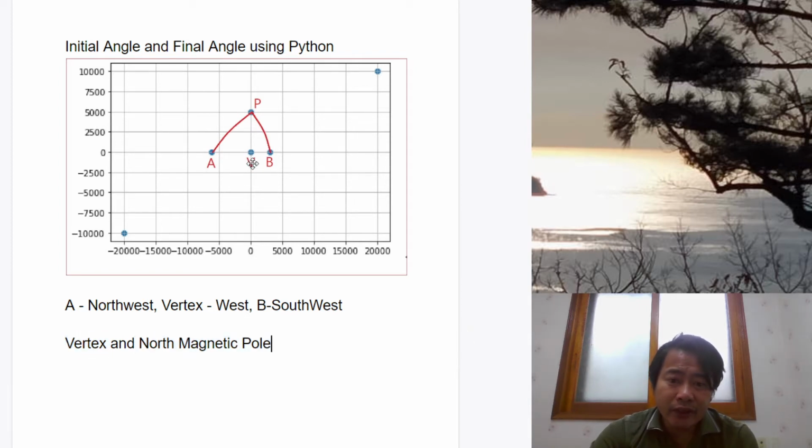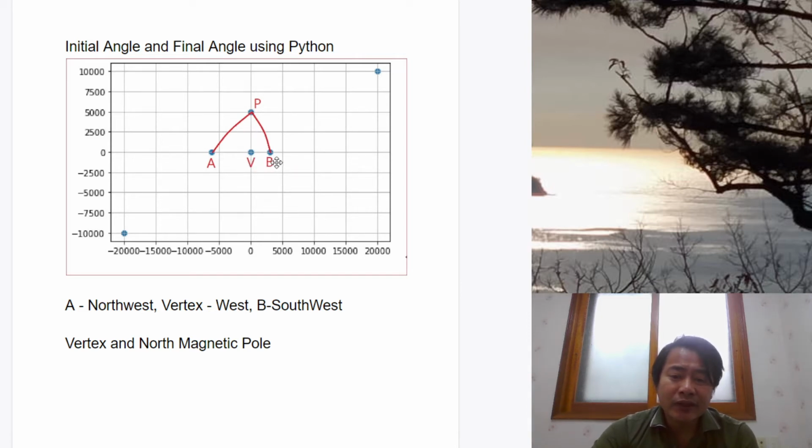And also we can measure the vertex and the north magnetic pole. When we calculate the vertex of the great circle, we can measure the point of the vertex and the north magnetic pole. Maybe the north magnetic pole changes a little bit in terms of the vertex of the great circle.